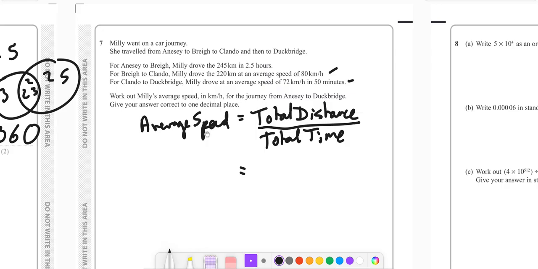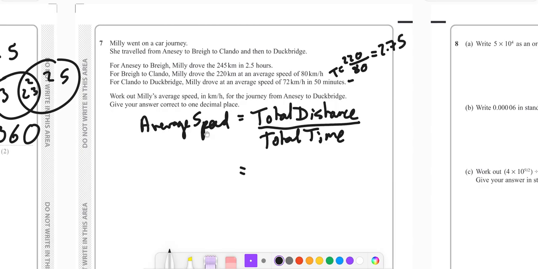So here the time is distance divided by speed. It's 220 divided by 80, which is 2.75.